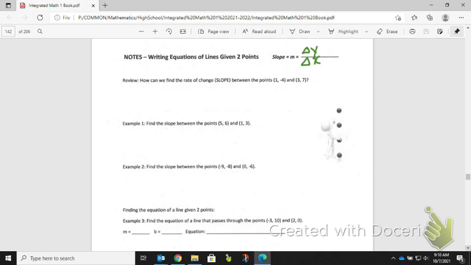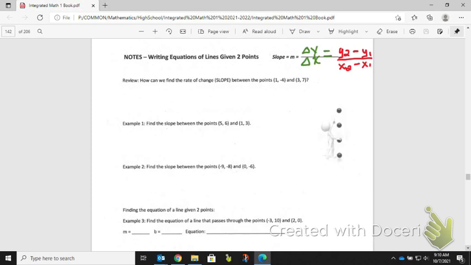Now, another way to think of that, specifically if you have two particular points, is y sub 2, which means the y value of one of your points, minus y sub 1, meaning the y value of the other point, divided by x sub 2 minus x sub 1.